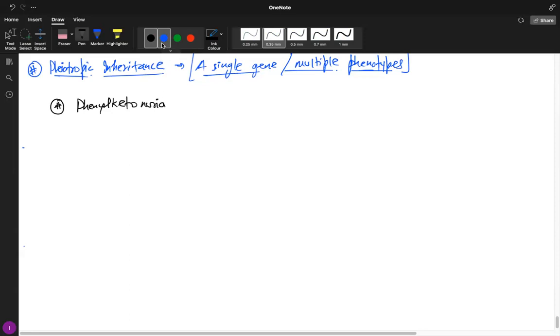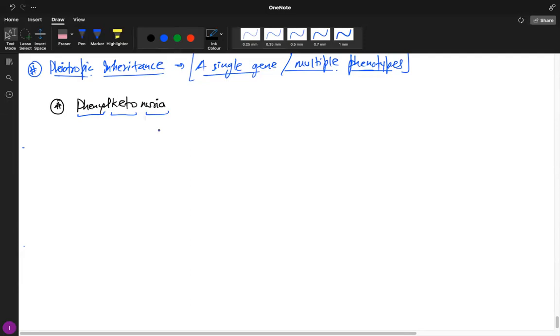Okay, it has 3 words. Pay attention to: phenyl, ketone, urea. So one thing that you can just figure out by this is it has something to do with phenylalanine, an amino acid, and ketonuria means it causes a disease or disorder which also involves kidneys, and you can detect this through the urine.